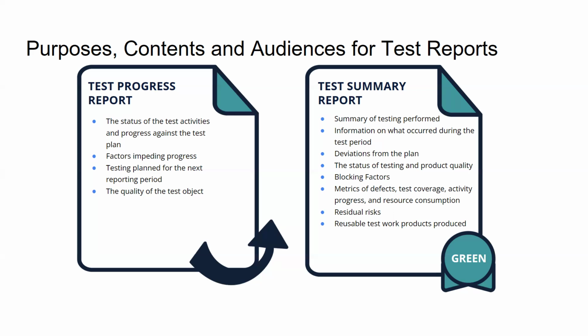So initially we agreed to a specific exit criteria, but due to some specific reason we were not able to achieve this exit criteria, so we got a new exit criteria. So there is a deviation, and that deviation we can specify there. Status of testing and product quality: whether we can recommend the software as fully tested and high quality software or not. That kind of summary we can specify.